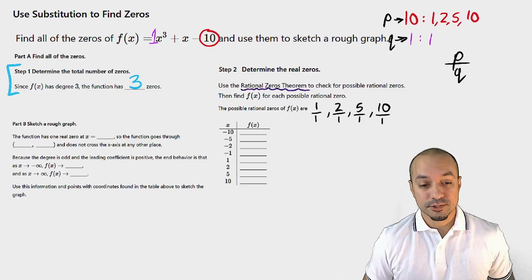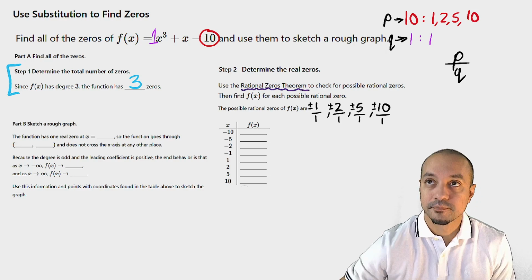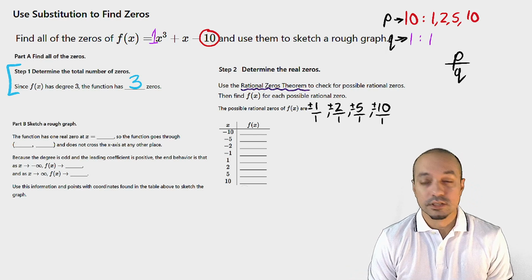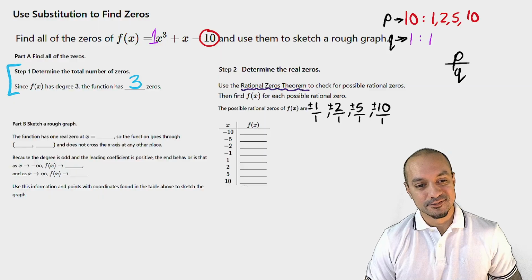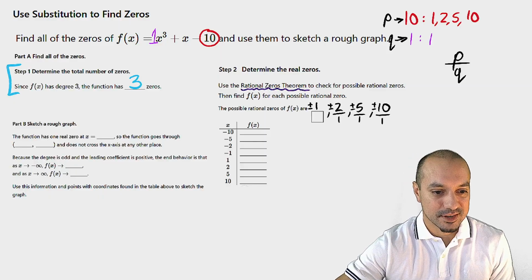So those are all my possible roots here. I also want to make sure to account for the positive and negative case. Now, I don't really need to say that these are over 1. It's kind of redundant. Anything divided by 1 is just itself.